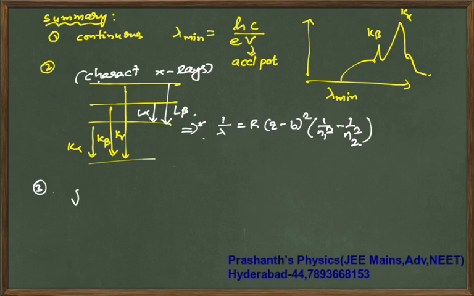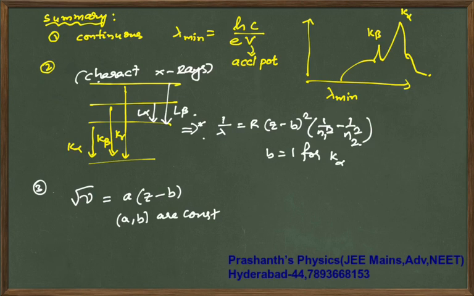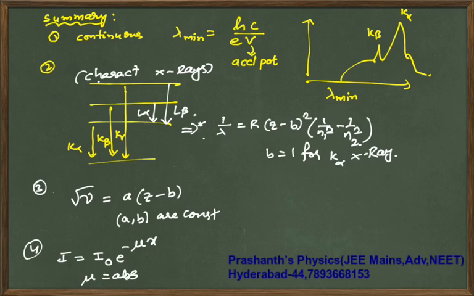Then followed by Moseley's law: root of nu is equal to a times (Z minus b), where a and b are constants. Here the b value is equal to 1 for K alpha X-rays. Then your absorption: I is equal to I naught times e power minus mu x, where mu is your absorption coefficient and I naught is the incident intensity.